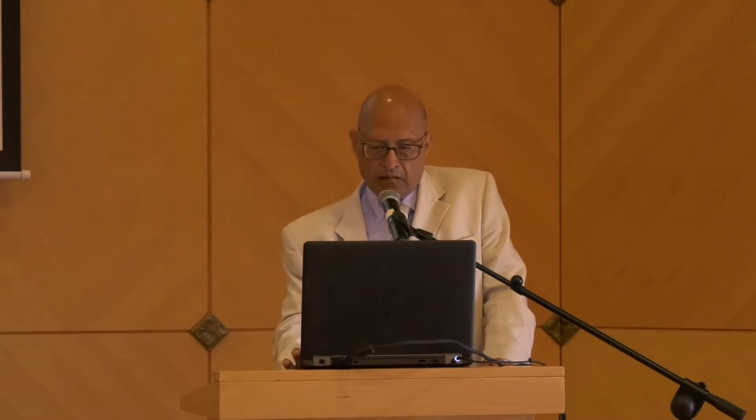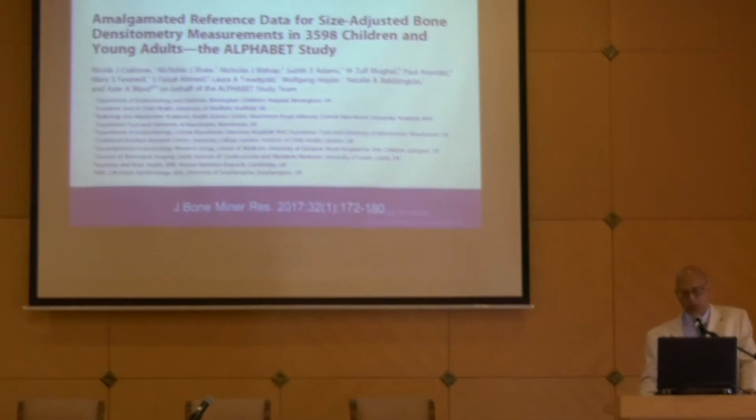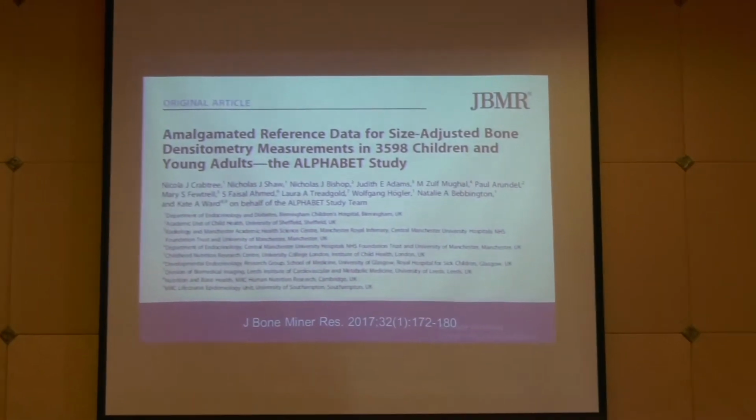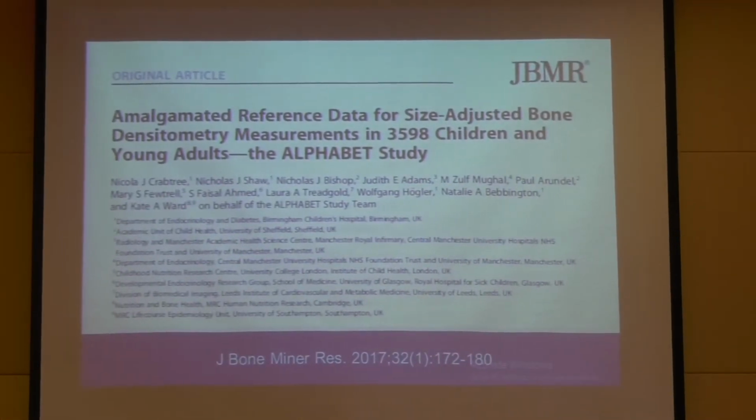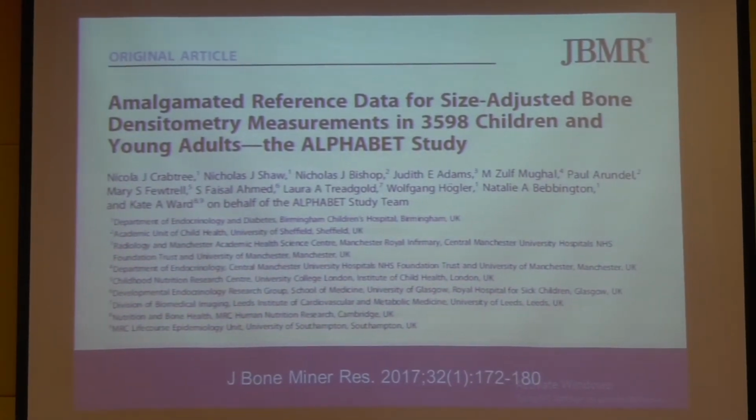And then a few years ago, we combined all these normative data from all the UK sites and published a very robust document with more than 3,500 children for bone density data in UK children, both for the Hologic machine and the GE Lunar machine, which are the two companies which make these two DEXA machines.